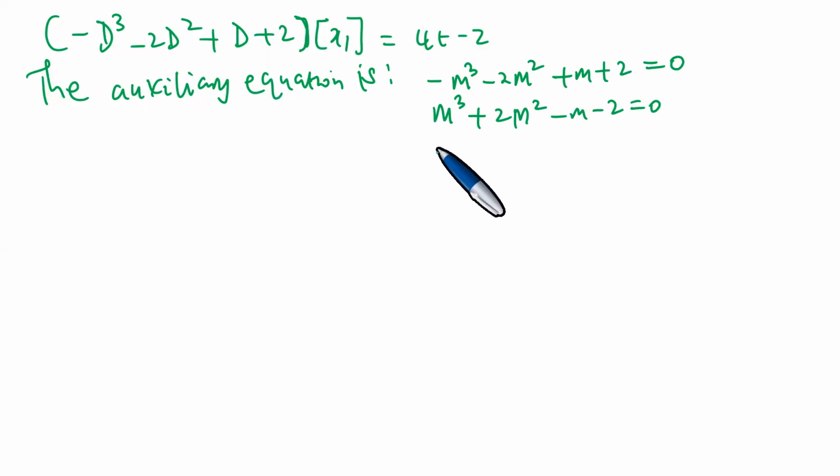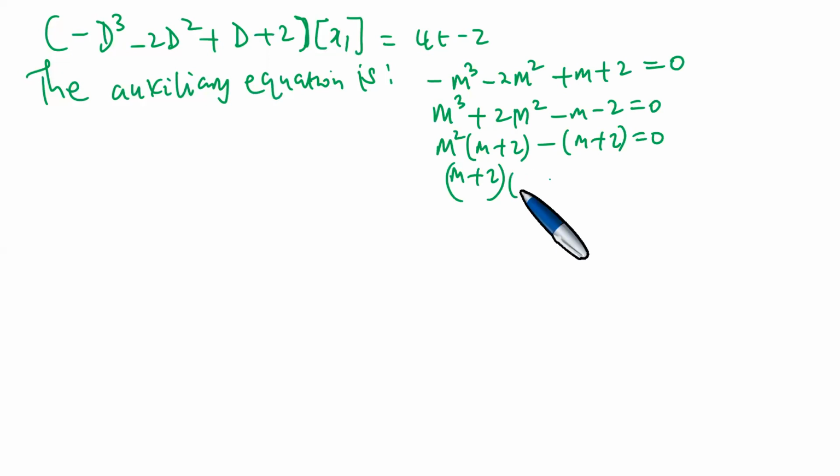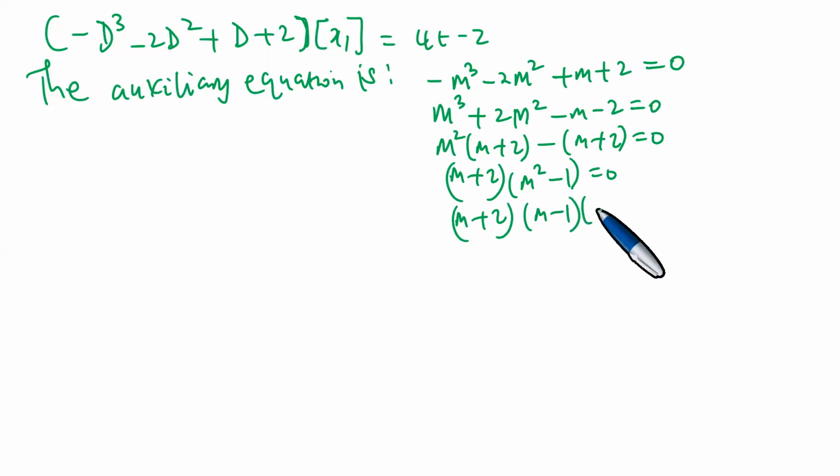Which is m plus 2 into m squared minus 1. So m plus 2 into m minus 1 into m plus 1.